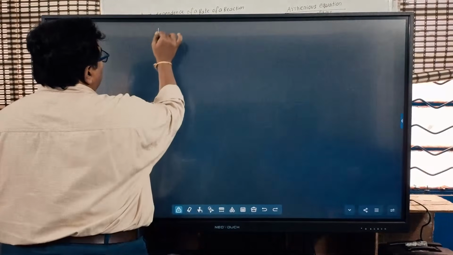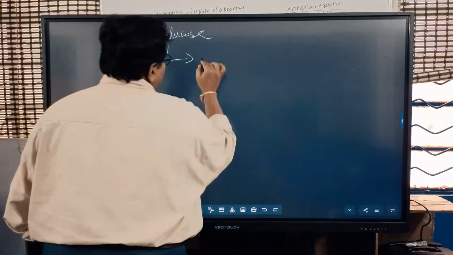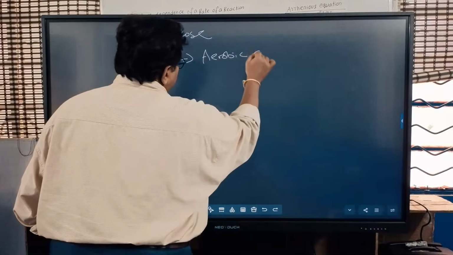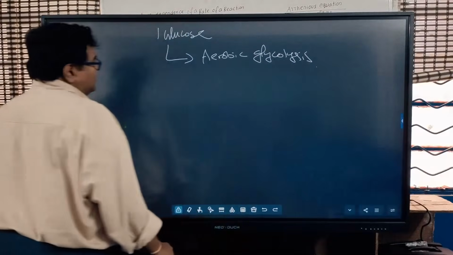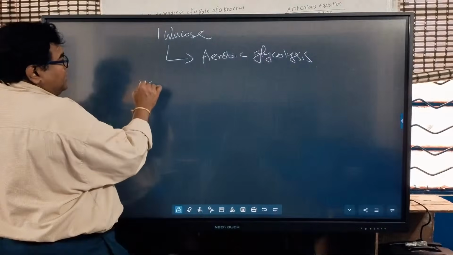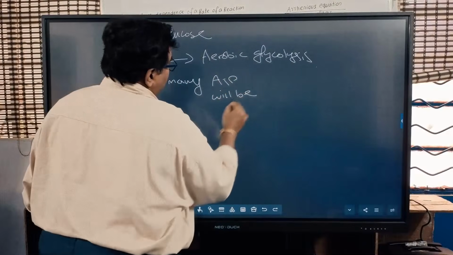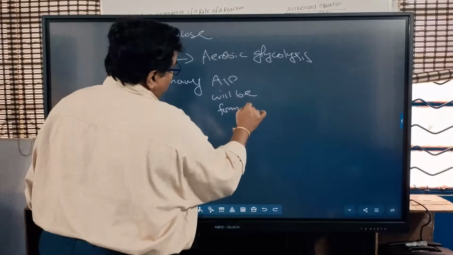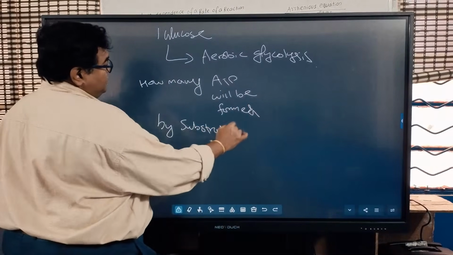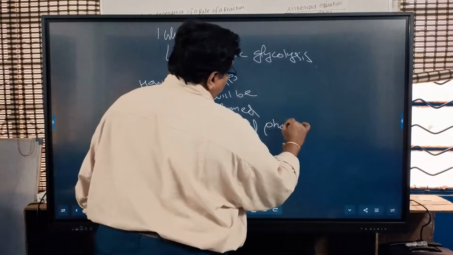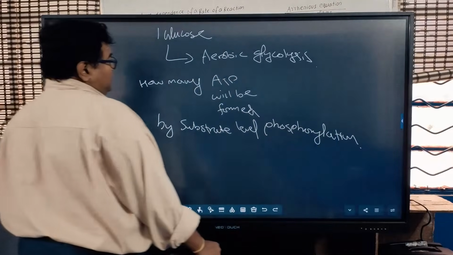If one glucose is entering into aerobic glycolysis, how many ATP will be formed by substrate level phosphorylation? How many ATP will be formed by substrate level phosphorylation?